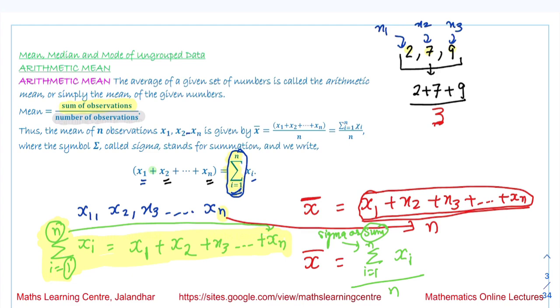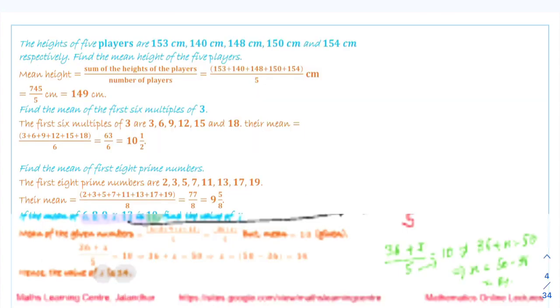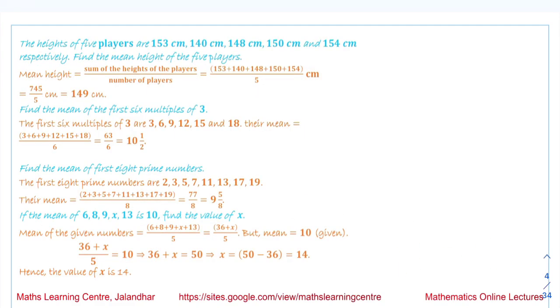Now the first question we have: the heights of 5 players are 153 centimeter, 140 centimeter, 148 centimeter, 150 centimeter and 154 centimeter respectively. Find the mean height of the 5 players. Mean height means we have to add all these values.